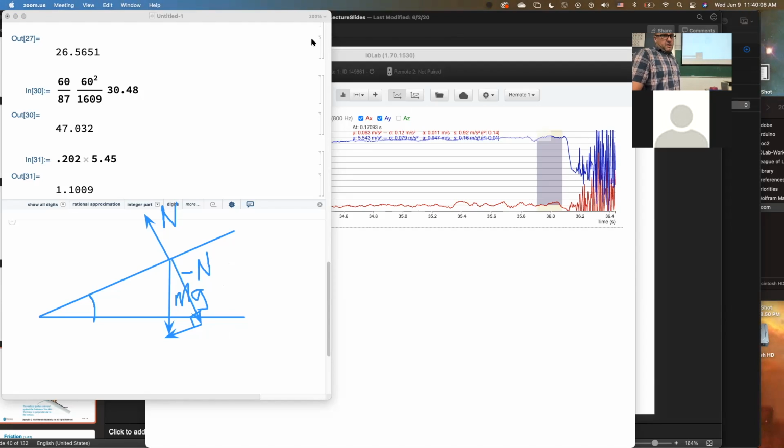So remember that this angle, theta, these two angles are the same. So this angle is the same as that angle. So how can we calculate our angle?